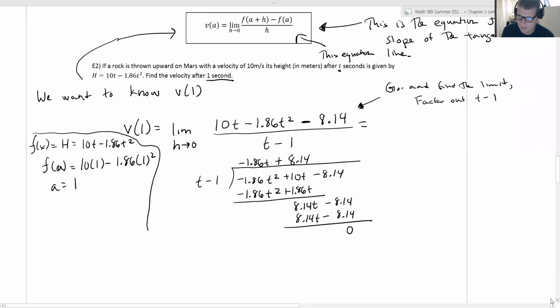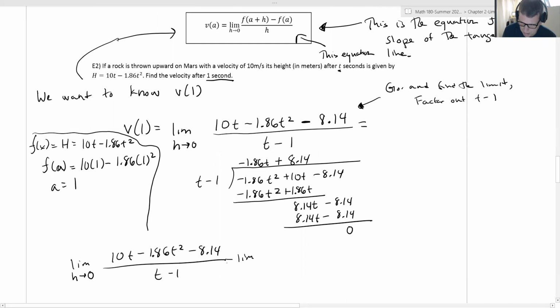So what that means then is that this limit, the limit as h approaches 0 of 10t minus 1.86 t squared minus 8.14, divided by t minus 1 is going to equal the limit as h approaches 0 of t minus 1 times negative 1.86t plus 8.14 divided by t minus 1.